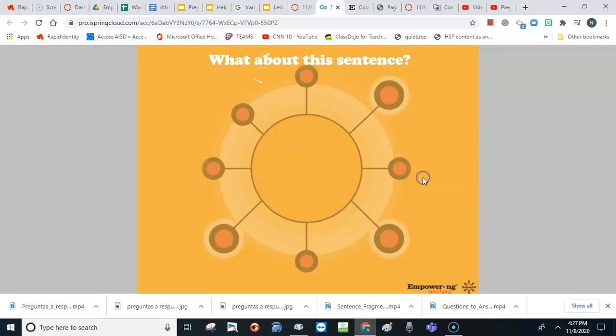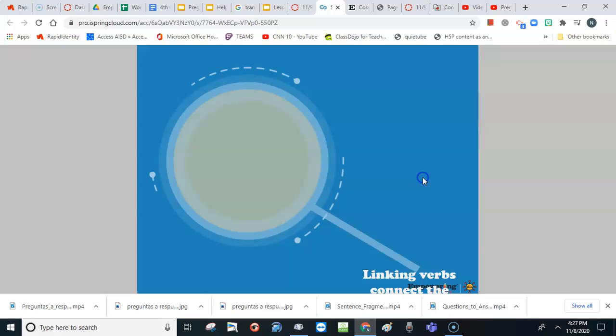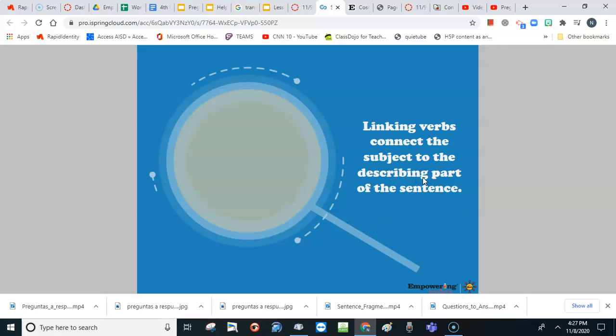What about this sentence? That cake is delicious. Where is the verb? Where is the action? There is no action. Is is a verb. It is called a linking verb. Linking verbs connect the subject to the describing part of the sentence.